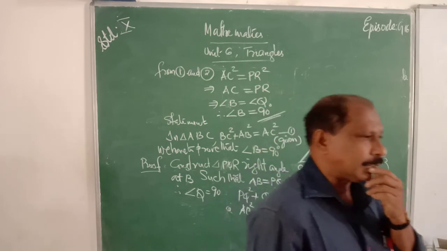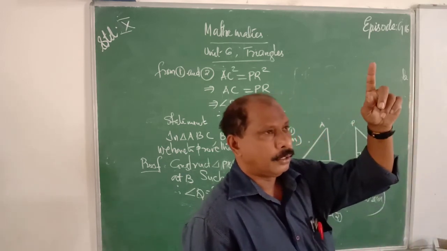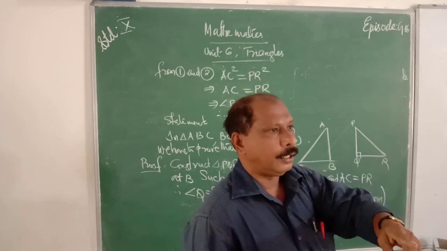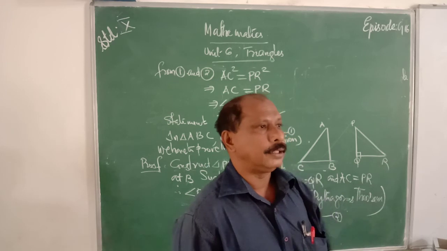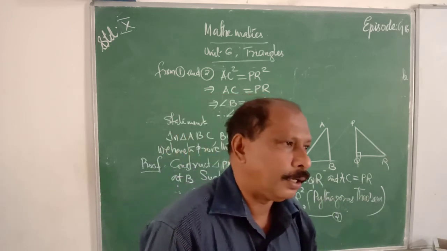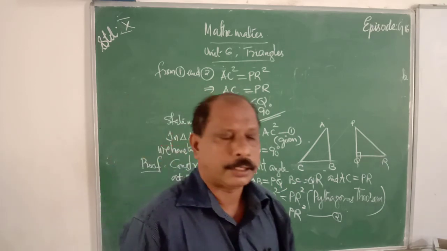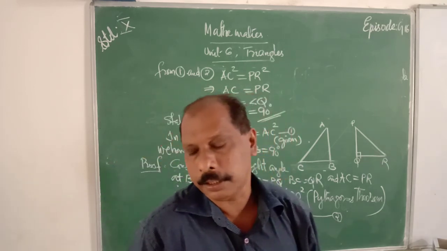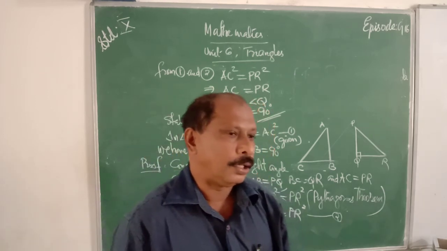Then from the triangle BDA and the triangle ABC, AB by AD is equal to AC by AB. Similar triangles, that is the angle criteria. Therefore, AB square is equal to AD into AC.